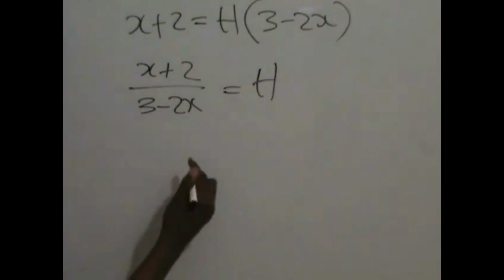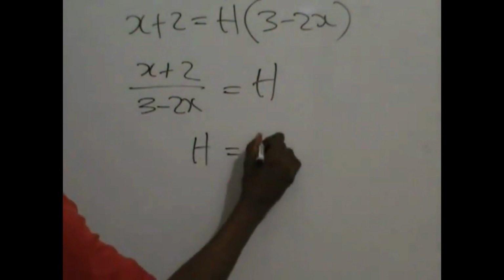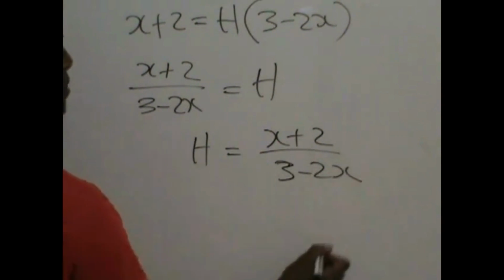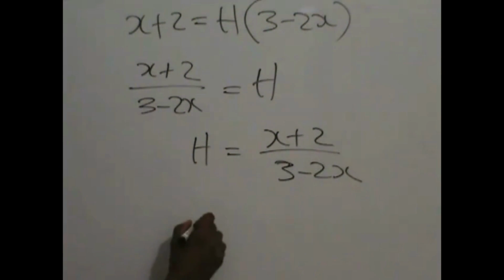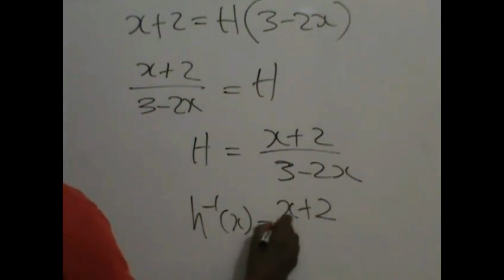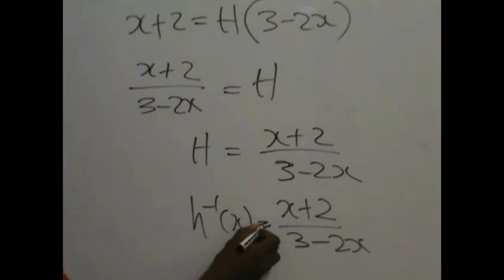And of course, we're switching sides just to comply with convention. And we have that big H is equal to x plus 2 over 3 minus 2x, which will then imply that H minus 1 of x will be equal to x plus 2 over 3 minus 2x.